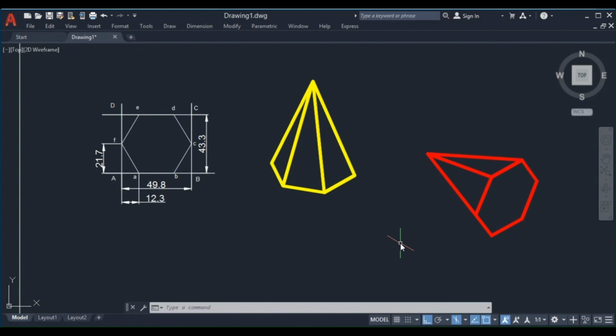Bit number 1: when the axis is perpendicular to HP. Bit number 2: when the axis is perpendicular to VP. Sir, what is the side of base? Side of base 30 mm and height 75 mm. Please solve it on your own.